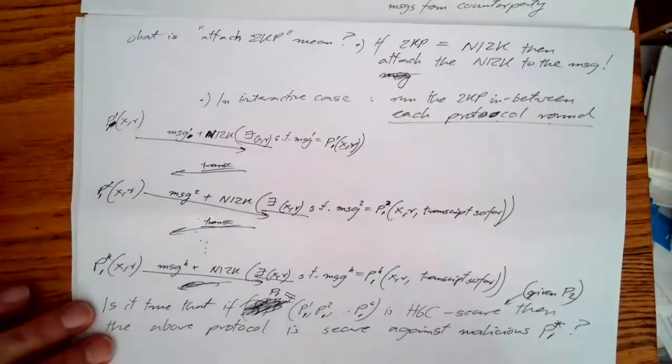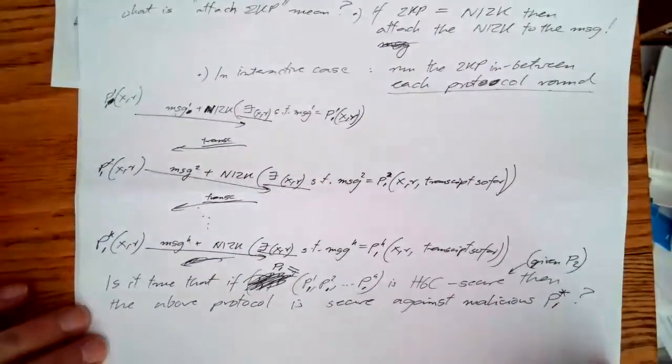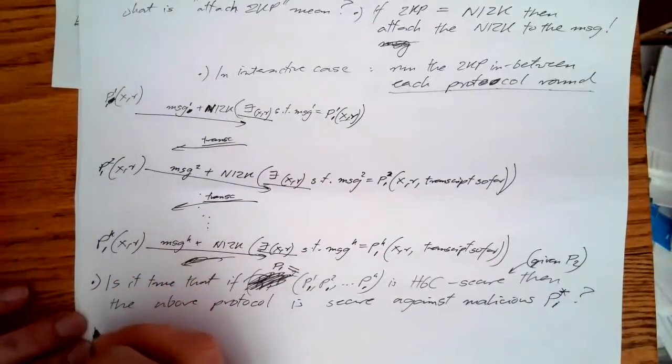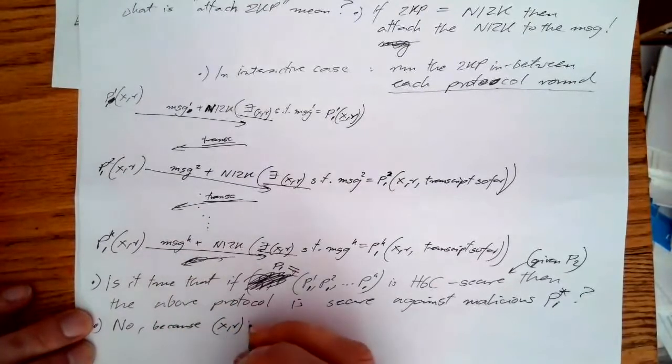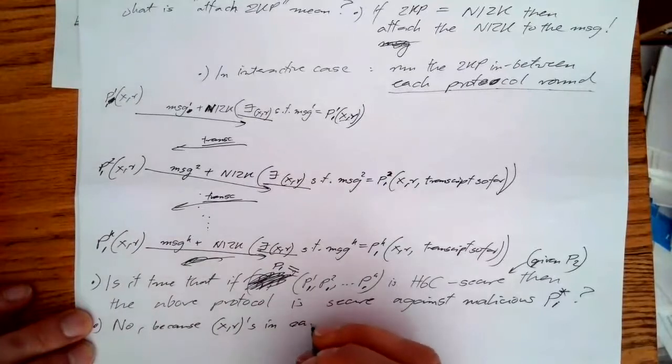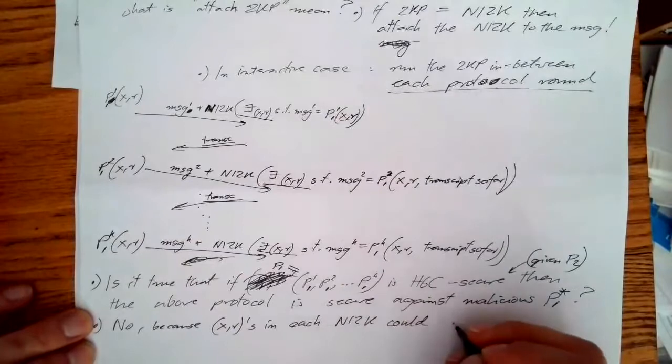Because the XRs in each NISC could differ.